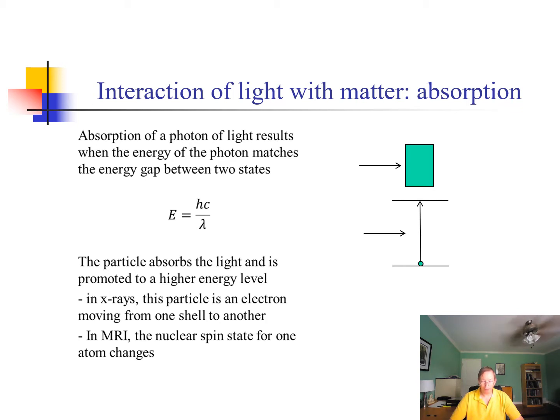For example, it might be that I move an electron from some orbit to another orbit. Or in the case of magnetic resonance imaging, I would have a nuclear spin change that would actually occur with this absorption. Now, very, very different energies. If I look at X-rays, I'm choosing to have energies that are very, very high and therefore very potentially damaging. And we'll talk a little bit about that.